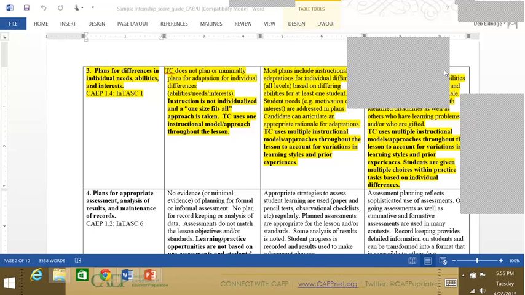And so those might be the elements that you would include and look to for the CAPE rubric.